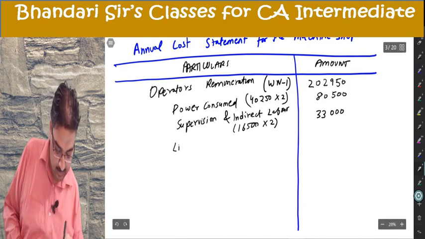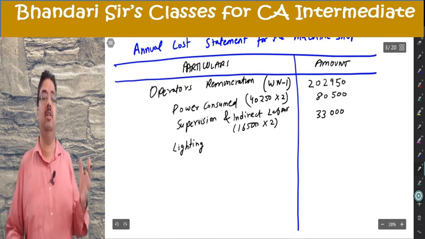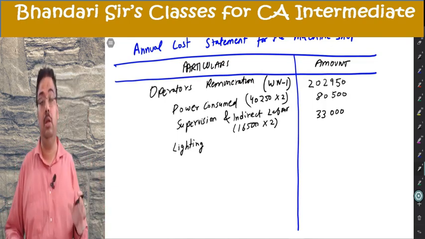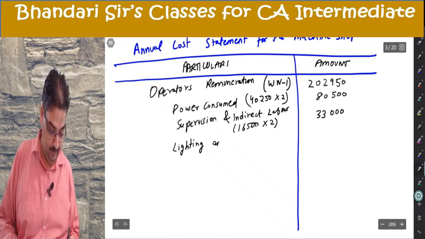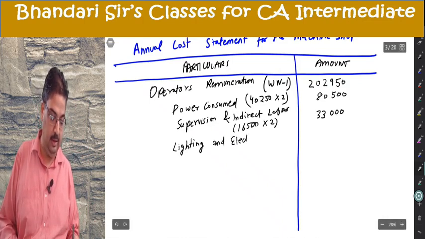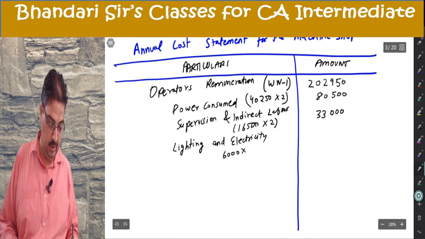Lighting and electricity. Now make sure it is lighting. Some people write lightening. It is not lightening, it is lighting. And electricity, 6,000 into 2.